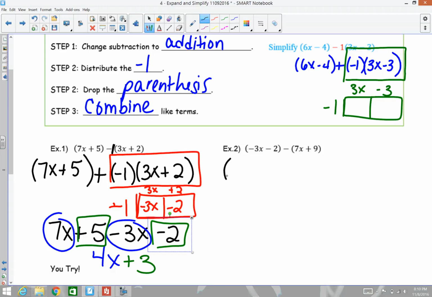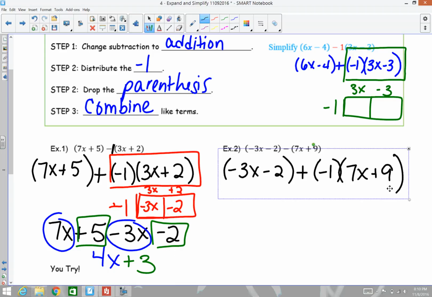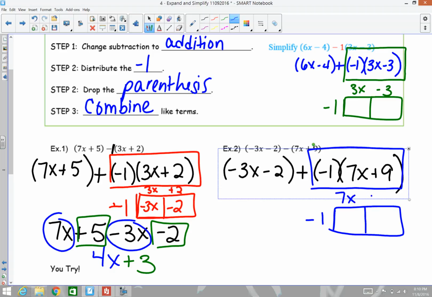We will keep the first parentheses, change to addition, make this a negative 1 times 7x plus 9. Again, this becomes the box. Negative 1 times 7 is negative 7x. Negative 1 times 9 is negative 9.